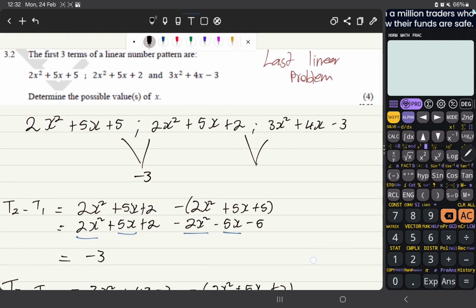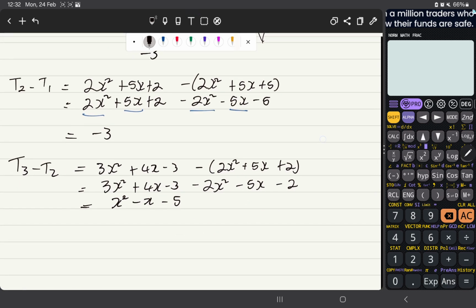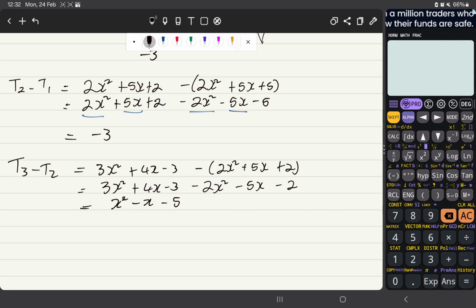Let me just confirm. Yep, so that's what we're going to have, and this is a common difference.